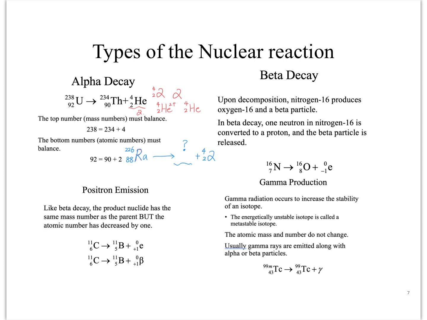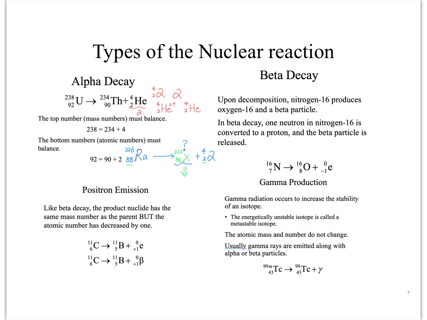Now we are going to use the idea of the balanced nuclear equation. On the left side we have 88, and the alpha on the right is 2, so the difference is 86, so X has Z of 86. On the top, 226 on one side, 4 on the other side, so we will have 222 in order to make this equation balanced.